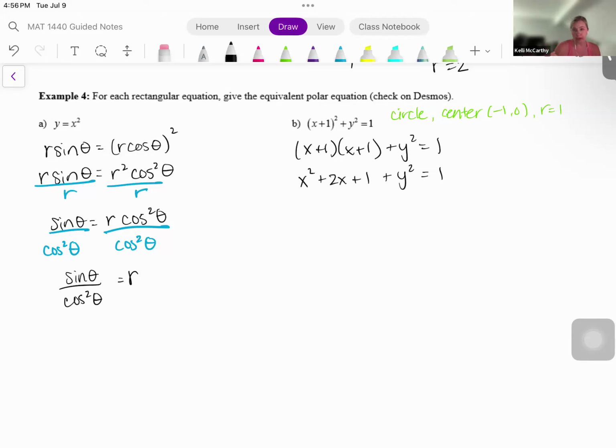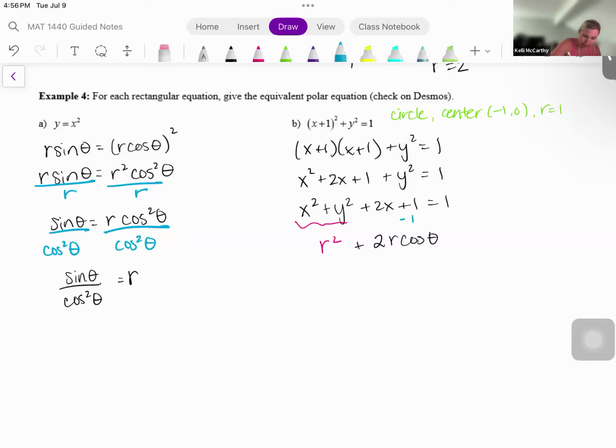Now I'm going to rearrange the terms on the left, so x squared plus y squared are together. I'm going to do that because I know that x squared plus y squared is r squared. x is going to be r cosine theta.